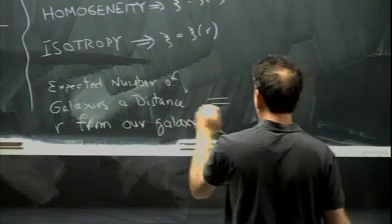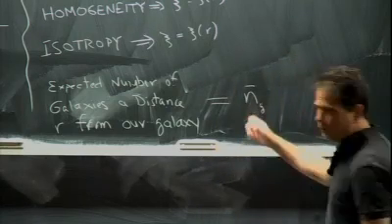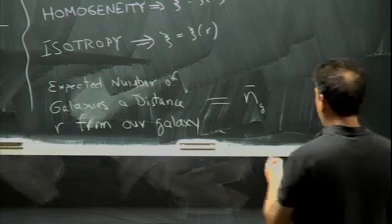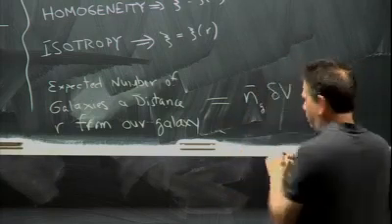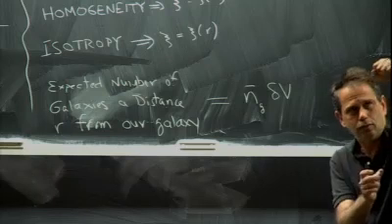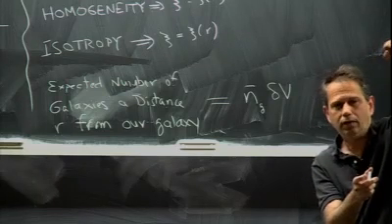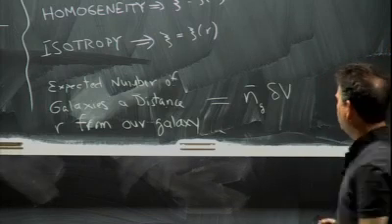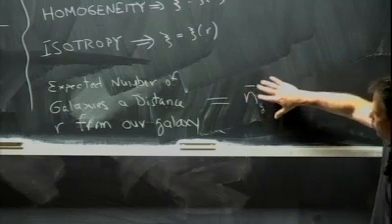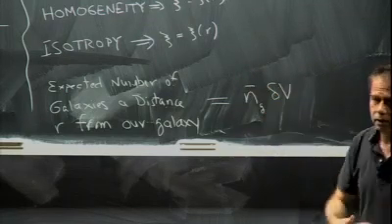So that is equal to the mean density of galaxies times the small volume that you look at a distance r away, right? If you take the volume to be infinitesimally small, you get 0, but you have to have some finite volume. So that would be the answer if there's no structure in the universe. You just take the density times the volume, right?